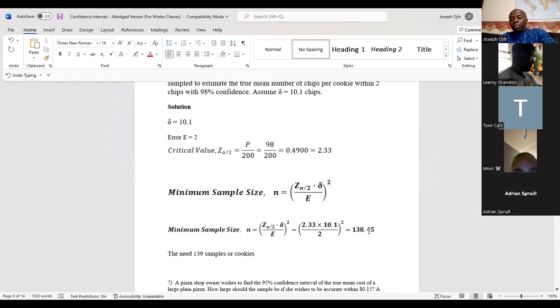If you ran this as plain rounding, it would be 138, but we're talking about rounding up. So as you have a decimal part, we go to the next number, which is 139 samples.